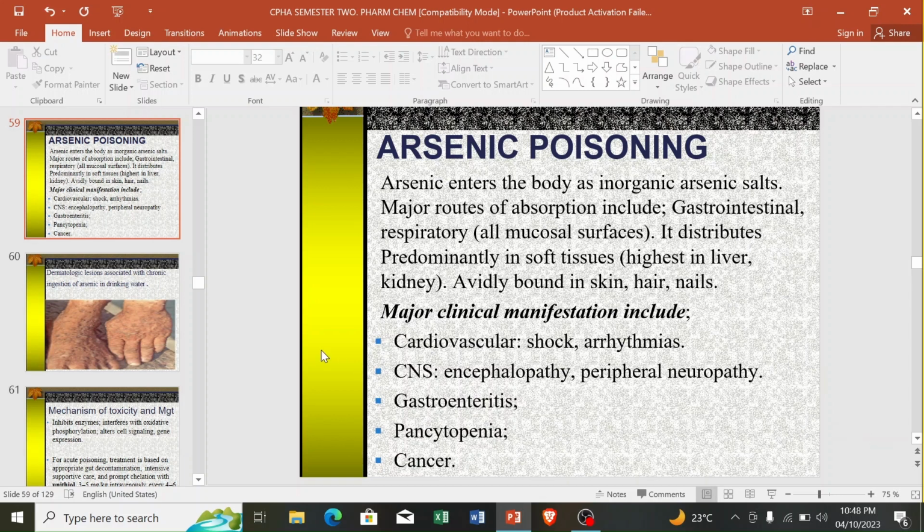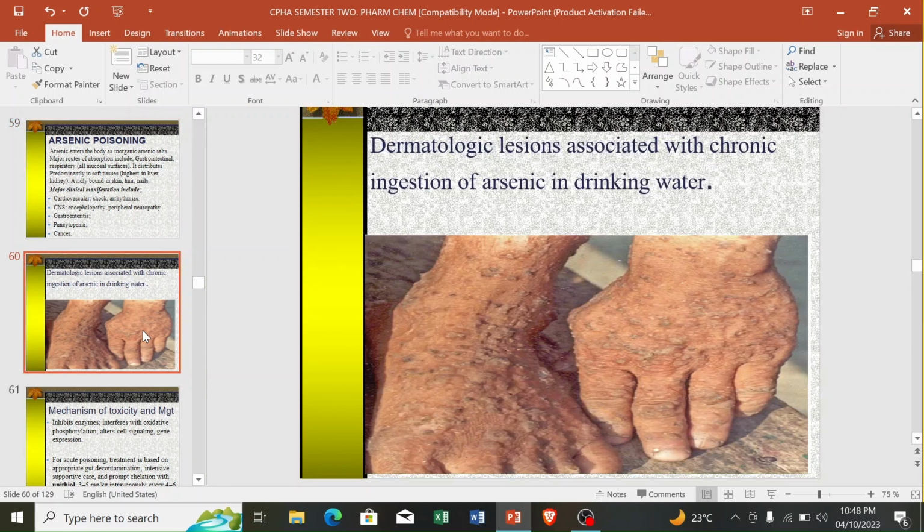So we have said we have here dermatologic lesions associated with chronic ingestion of arsenic in drinking water. In case arsenic is much in drinking water, we expect a patient to have these lesions on the skin.